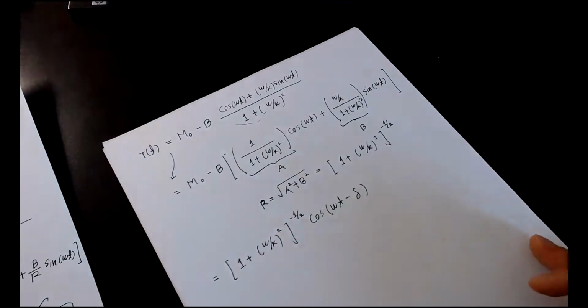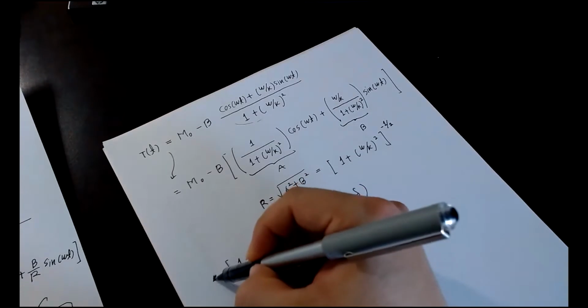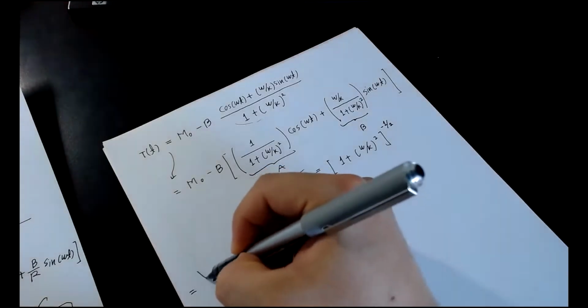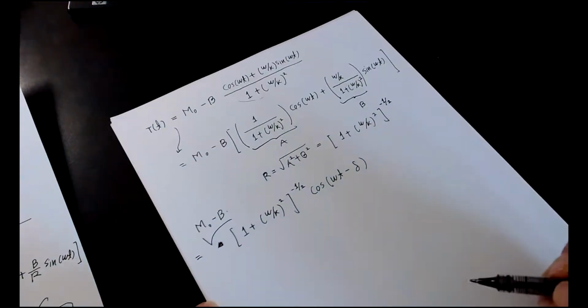Okay. All right. So now, M0, I'm sorry. This is equal to M0 minus B times that.